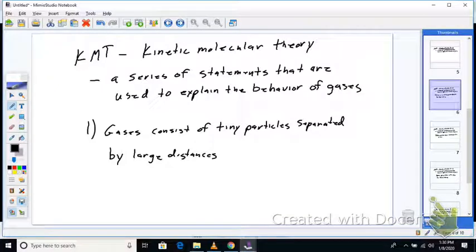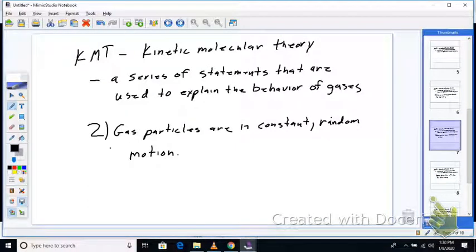It explains why you can compress gases, but you cannot compress solids and liquids to make a smaller volume. Because their particles are too close to one another. So that explains why you can compress a gas.